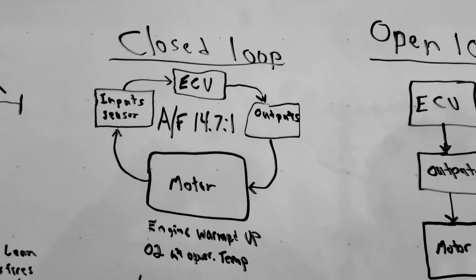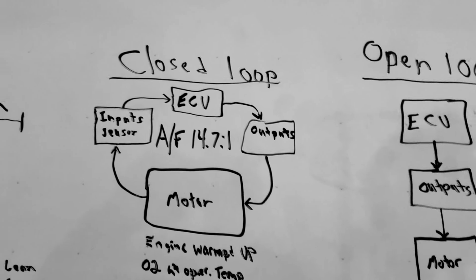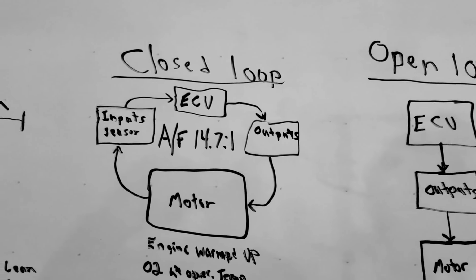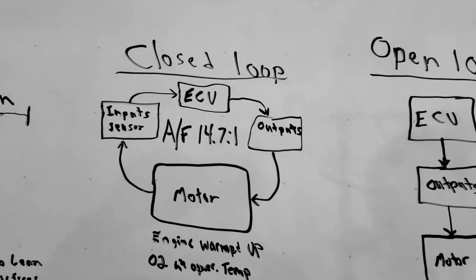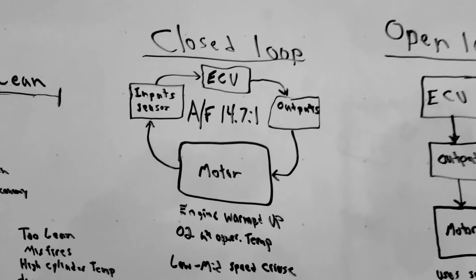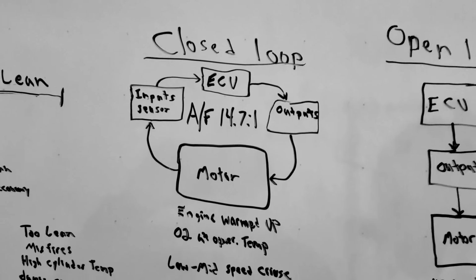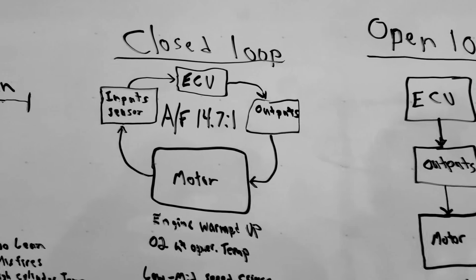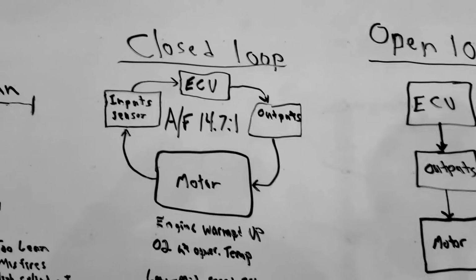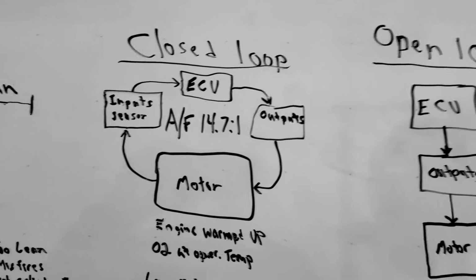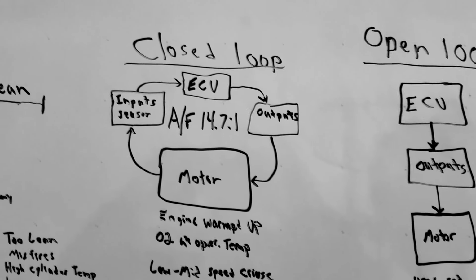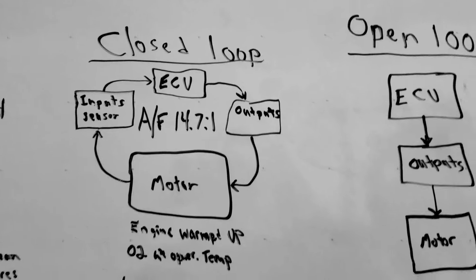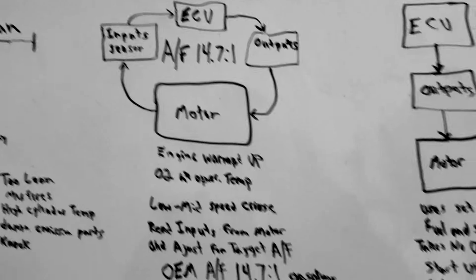So when we're driving at sea level, or above sea level, or up in the mountains, if it's wintertime, if it's summertime, with all the different varying closed throttle, half throttle, various adjustments, it's going to adjust on the fly.